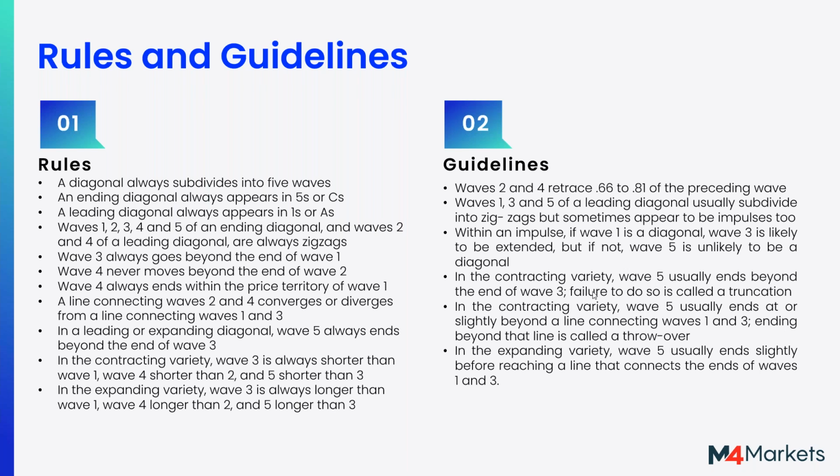So maybe 85 to 95% of the time that happens, and the other 10, 15% there is a failure. So you have a 15% losing chance of not being able to identify an ending diagonal correctly, and that ends up being a lost opportunity for you. This is how Elliott waves work.